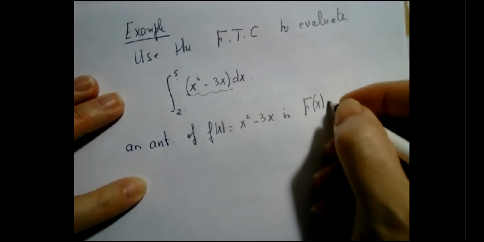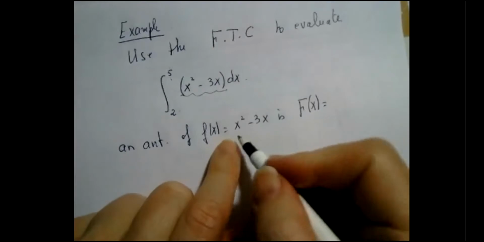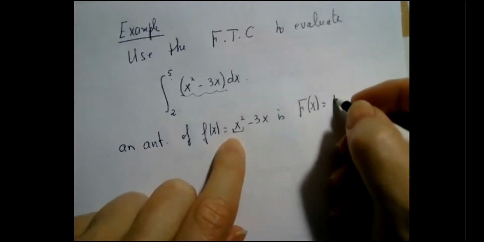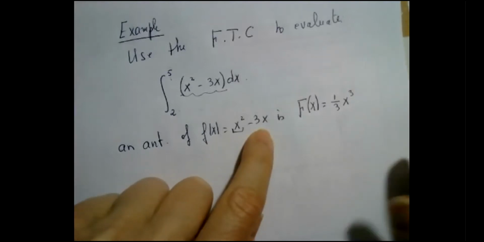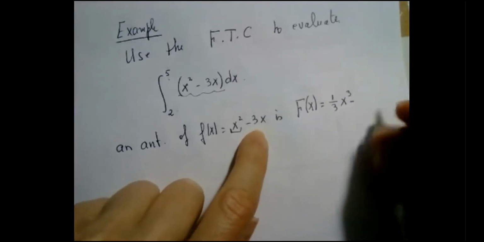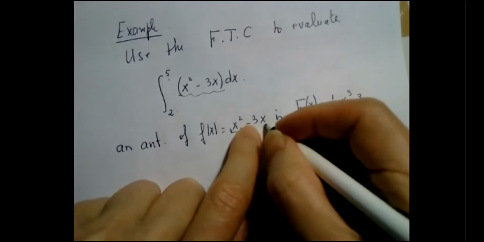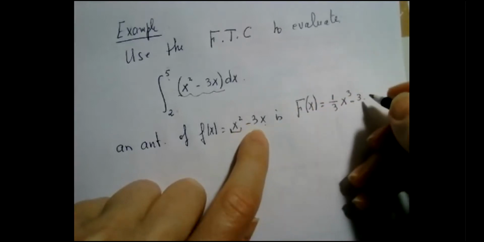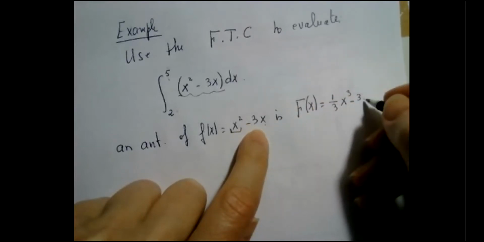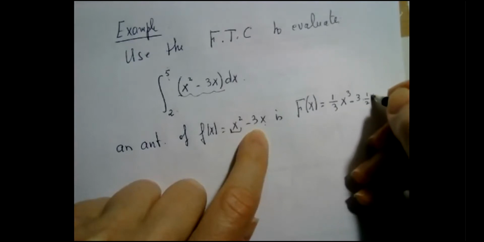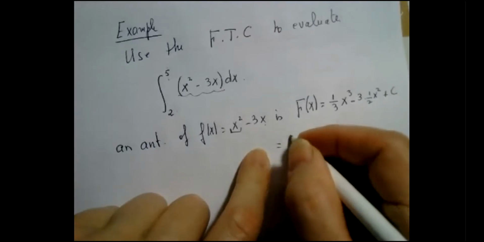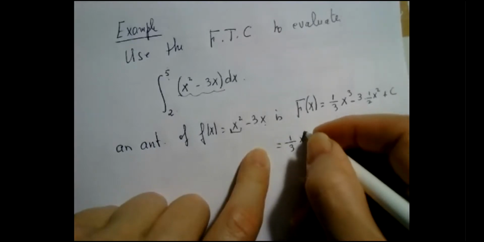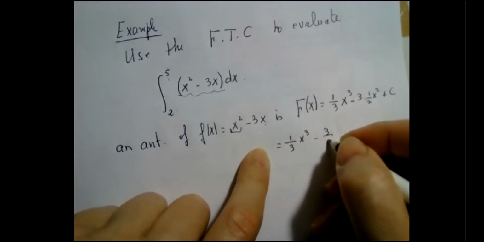We know that the antiderivative of x squared is 1/3 x cubed, minus 3 times the antiderivative of x, which is 1/2 x squared, plus c, of course. So this gives me 1/3 x cubed minus 3/2 x squared.